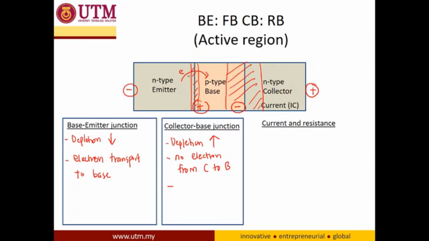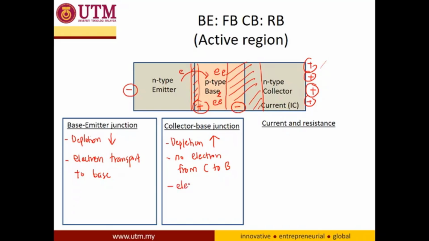However, since the emitter and base are forward biased, there will be many electrons from the emitter arriving at the base. The collector is at a positively biased potential. This positive potential will pull the electrons in the base towards the collector.